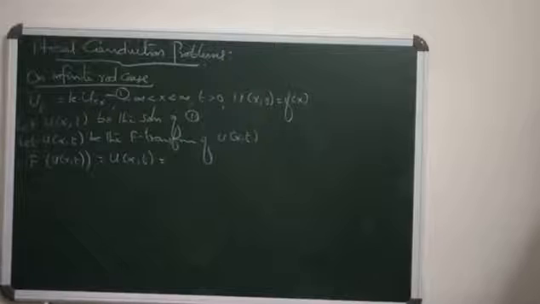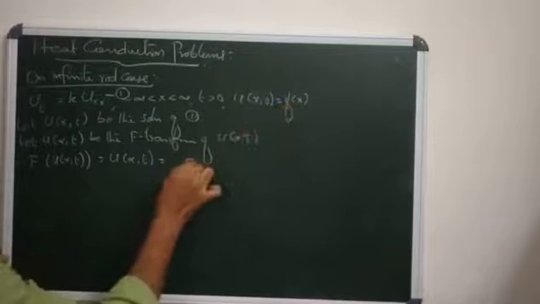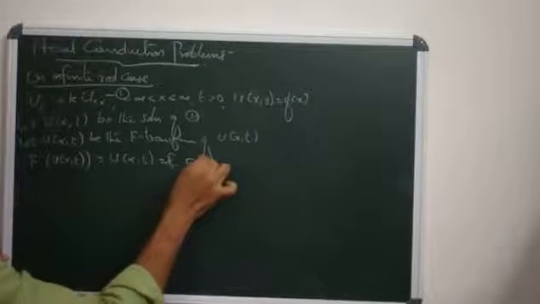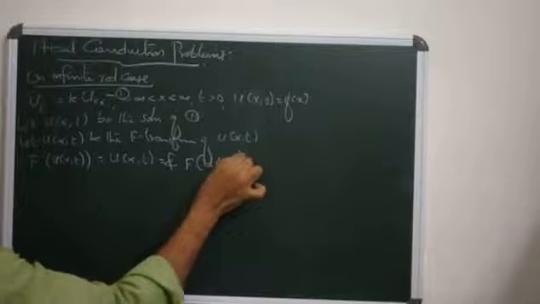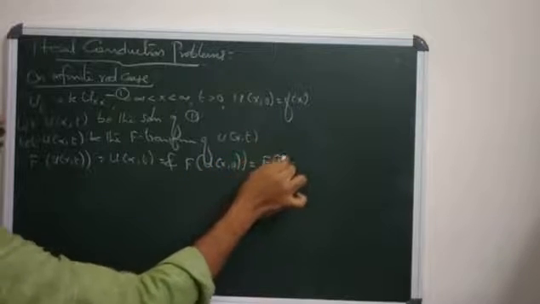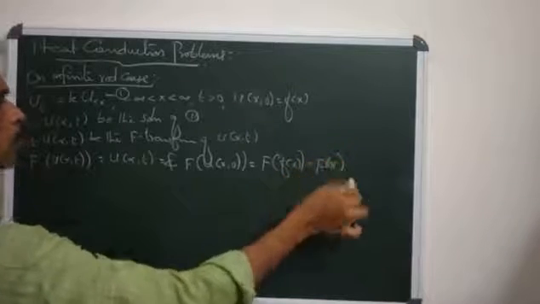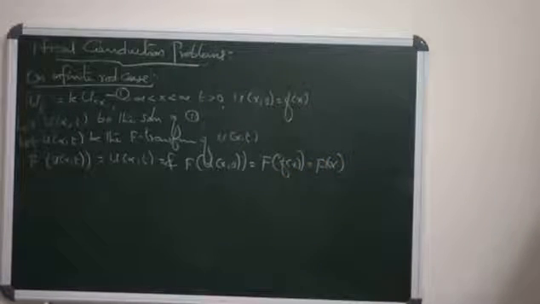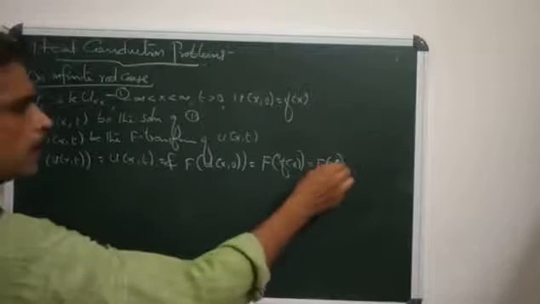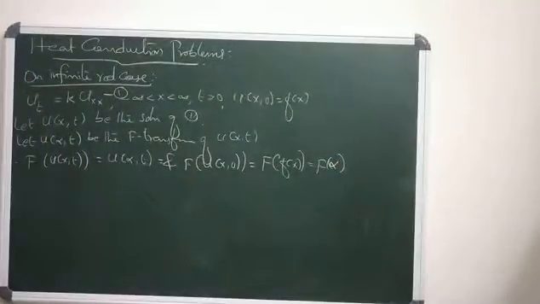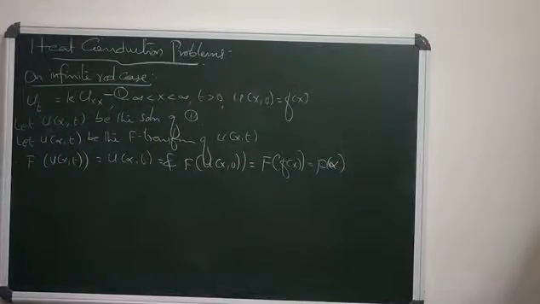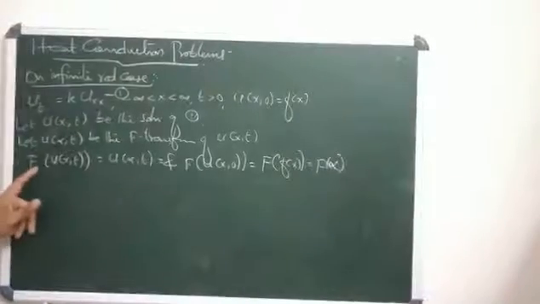And what is the transform of f of x? F of u of x 0 equals f of x, and F of x is F of alpha by the definition of the Fourier transform. F of alpha is 1 by root 2 pi integral from minus infinity to infinity f of x e power i alpha x dx.